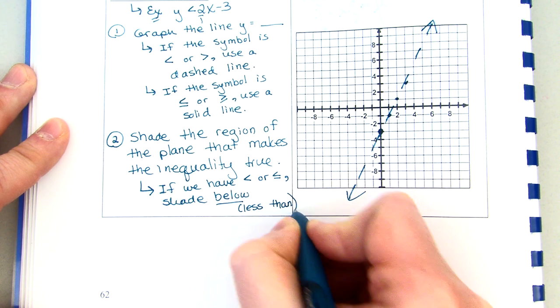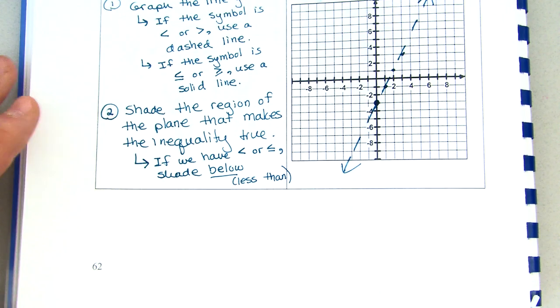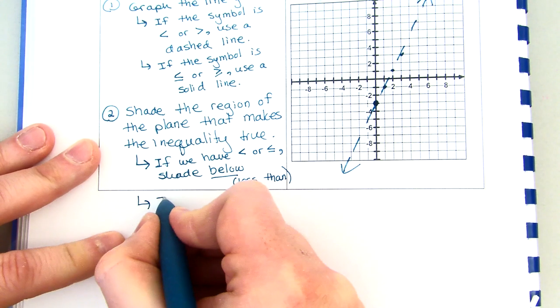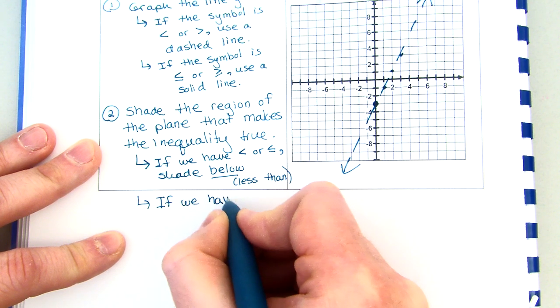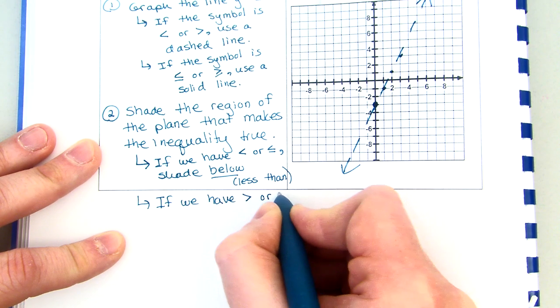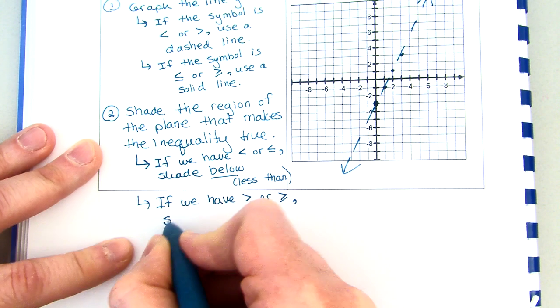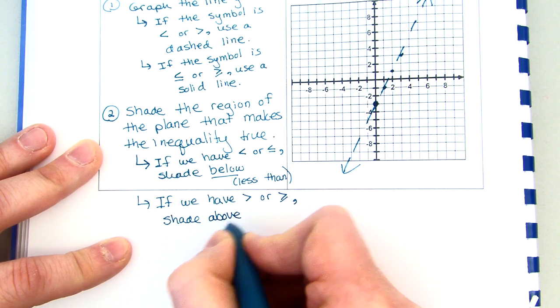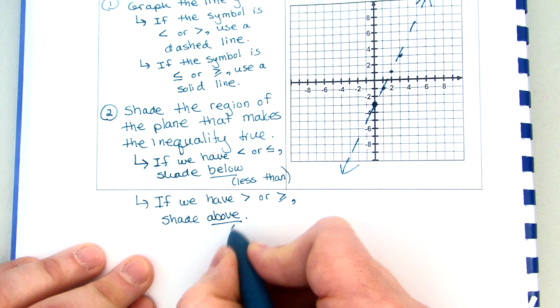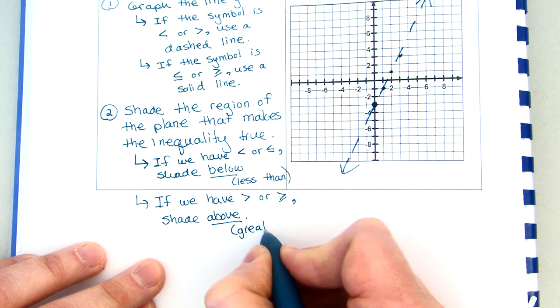Because it's less than. And if we have greater than or equal to, we're going to shade above, because that's greater than.